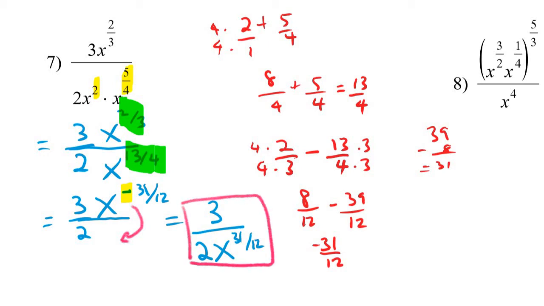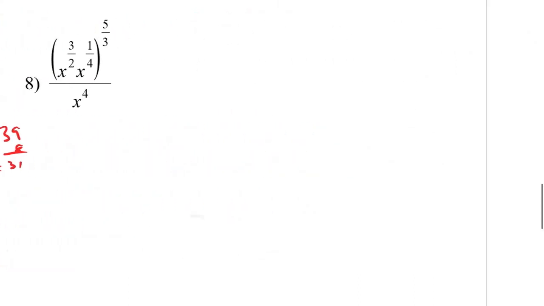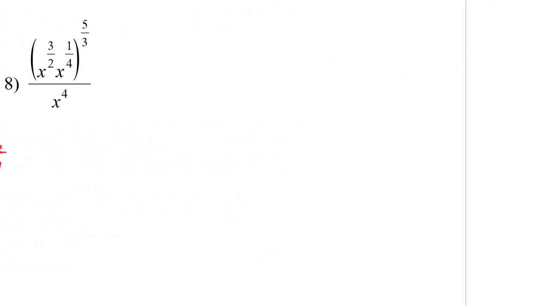And now we're coming up on the last example. We're going to do the power of a power first. So all these exponents are going to go inside, like that and like that. So we're going to do multiplication twice. So 3/2 times 5/3.